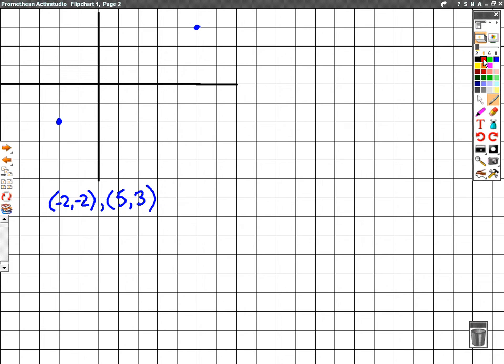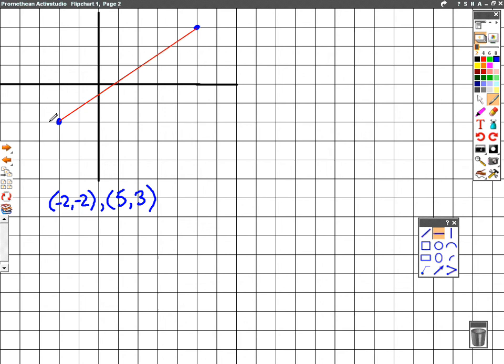Now again, what we are trying to find is the distance in between these 2 points, which is going to be a straight line that goes just like that right there, okay? Also, what you can identify right here, I hope very quickly, is the fact that we're going to create a right triangle on the graph.